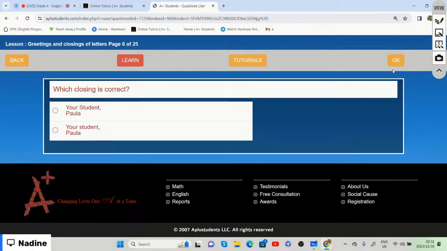We say it's the second one, because it starts with a capital letter, but thereafter it moves on to lowercase.